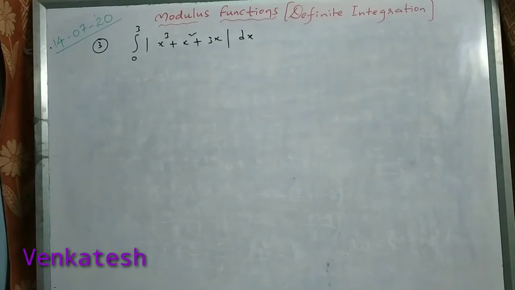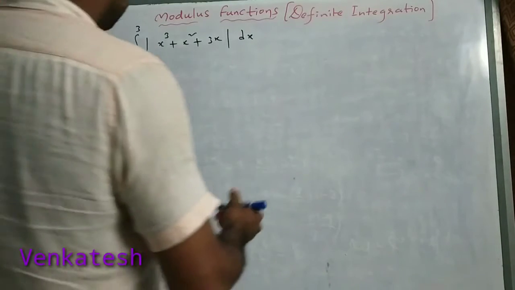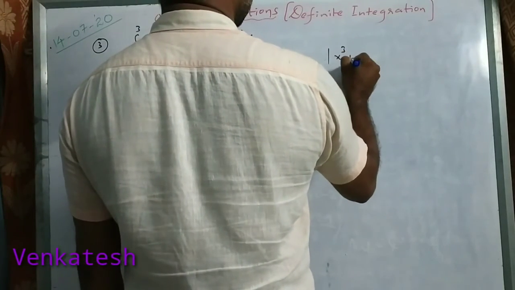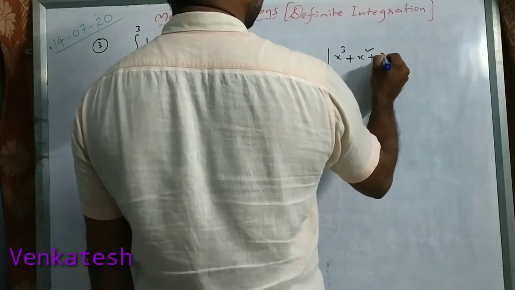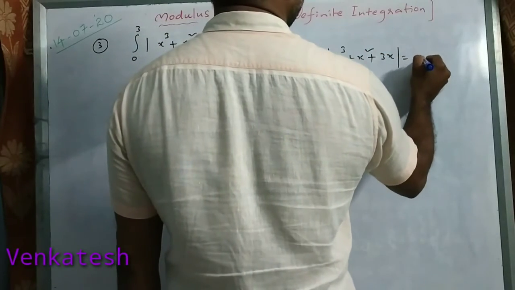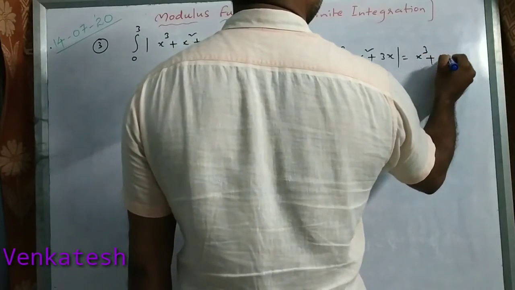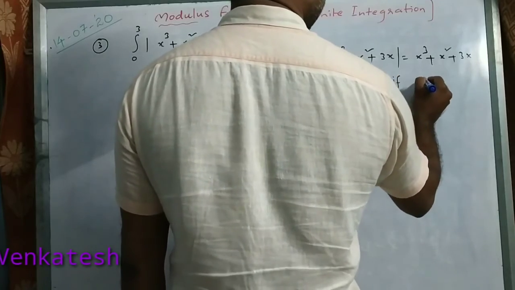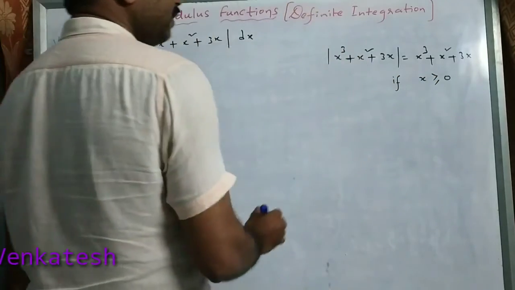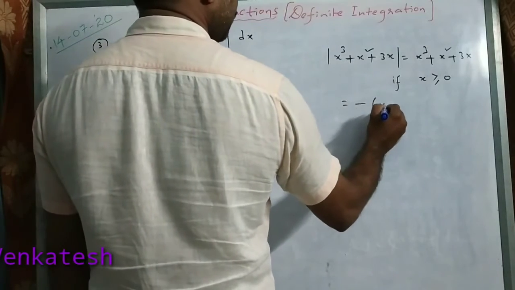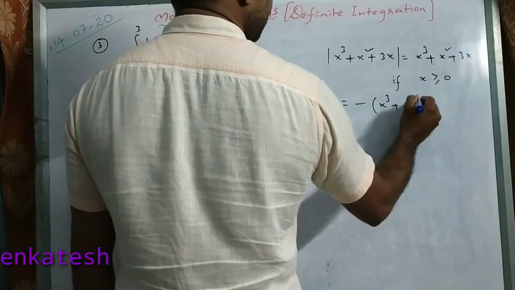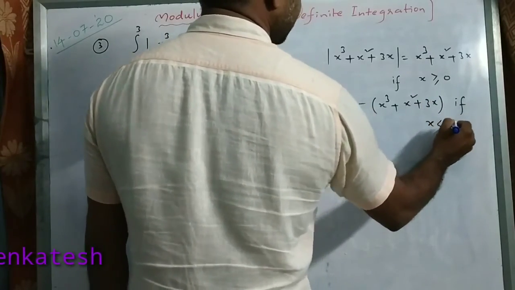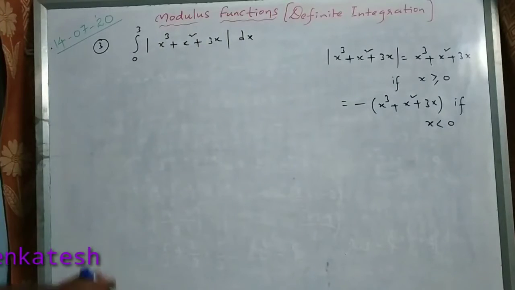Okay, this is mod x cube plus x square plus 3x will be positive if x is greater than or equal to 0, minus of x cube plus x square plus 3x if x is less than 0. Modulus definition.